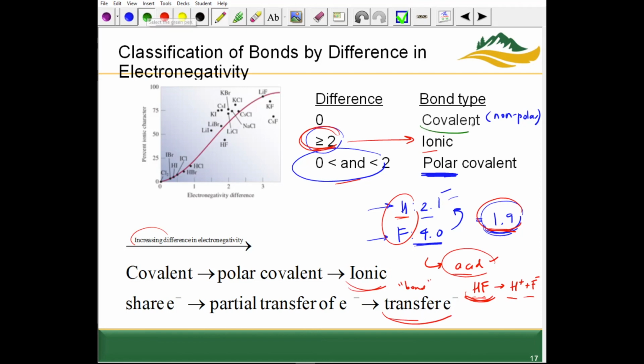Then for covalent bonds or nonpolar bonds, where the electronegativity difference is 0, that's a covalent nonpolar bond. In covalent bonds, that's a true sharing of electrons.